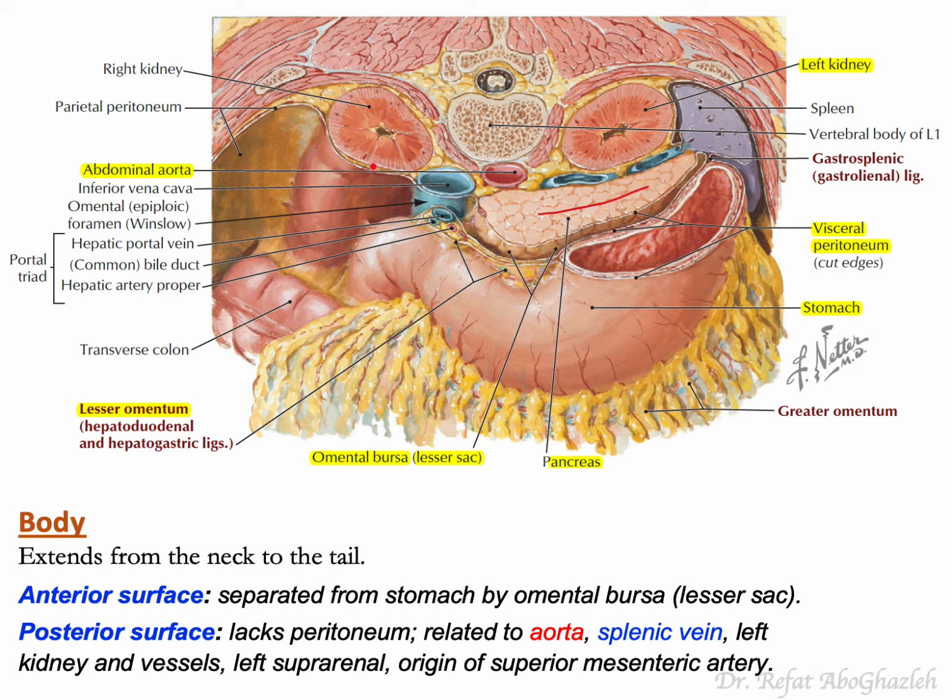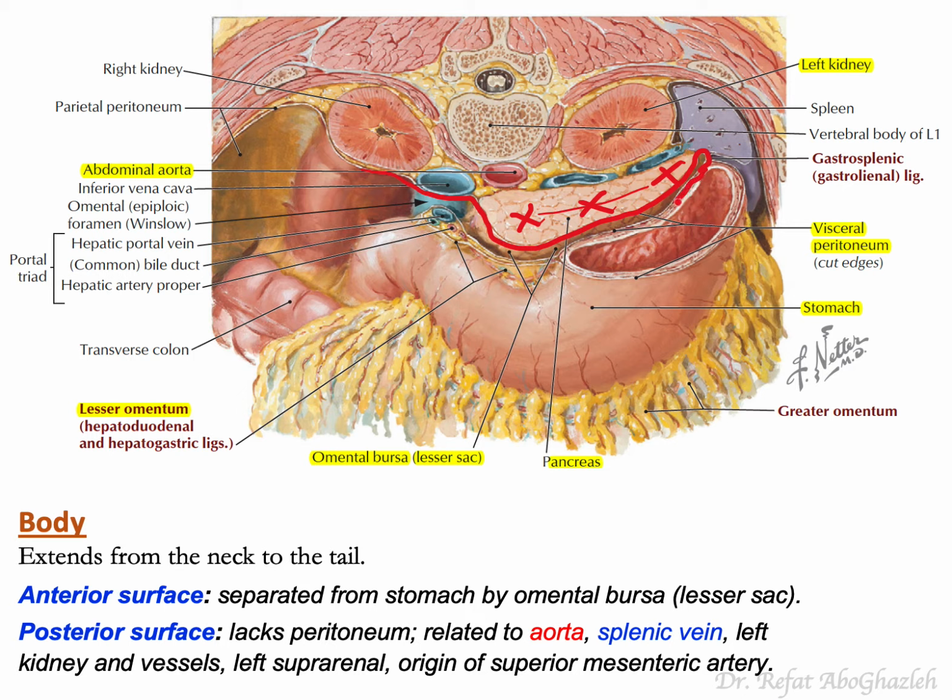So look at the peritoneum. Let me remind you, this is the peritoneum, the membrane that covers some of the organs in the abdomen, and it's reflected now here. Anyway, look at the pancreas, located behind the peritoneum, and look at the visceral peritoneum.